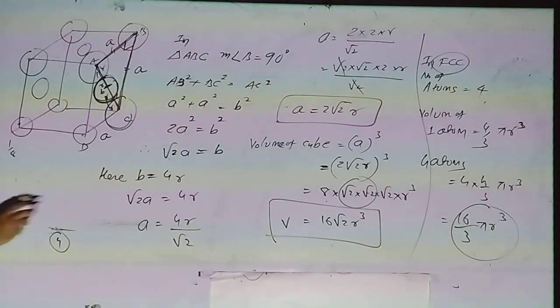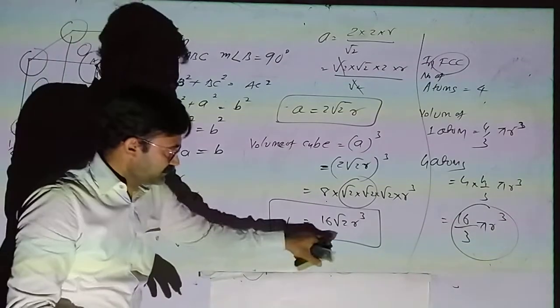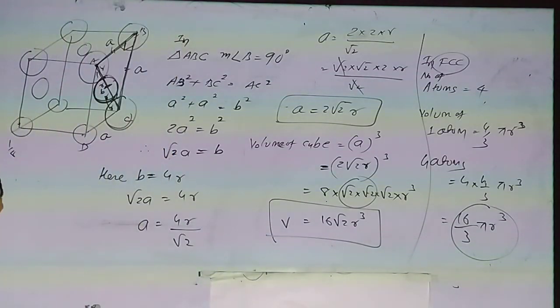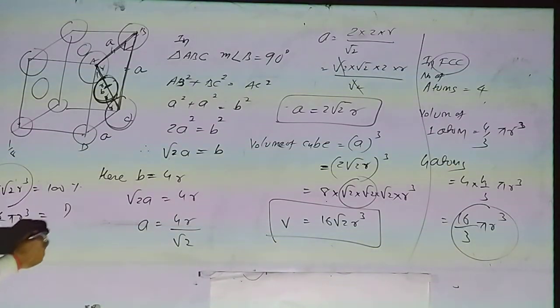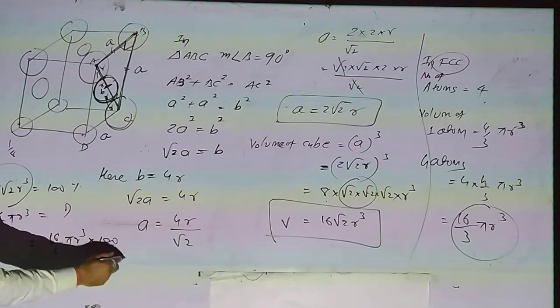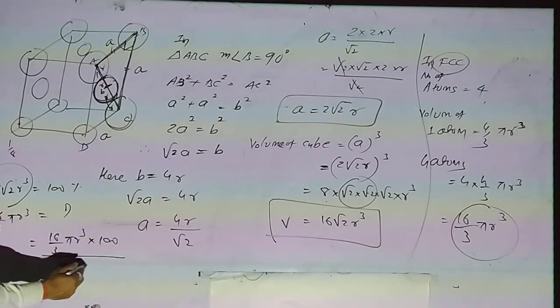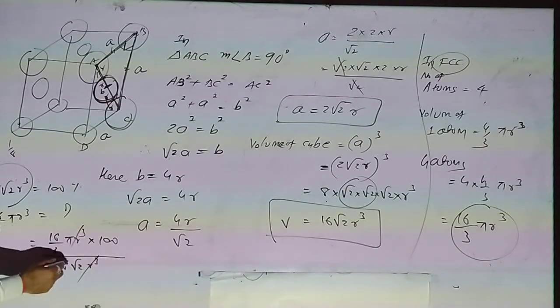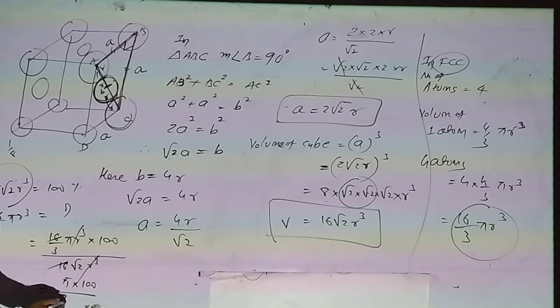Now the calculation. 16 into root 2 r cube is equal to 100%. If this much volume is occupied, then 100%. But 16 by 3 pi r cube is at how much? 16 by 3 pi r cube into 100 upon 16 root 2 r cube. So pi into 100 upon 3 into root 2.